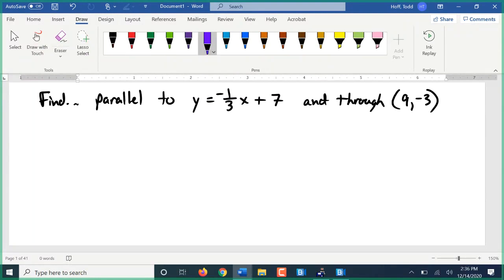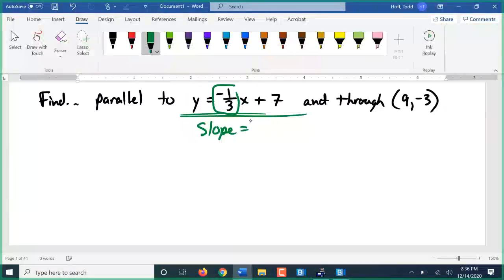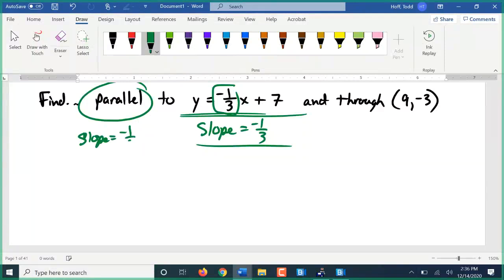So we know from this equation, remember the only piece of information we need out of there is the slope. That's telling us the slope of that line is negative 1/3. So the slope of a parallel is also negative 1/3.